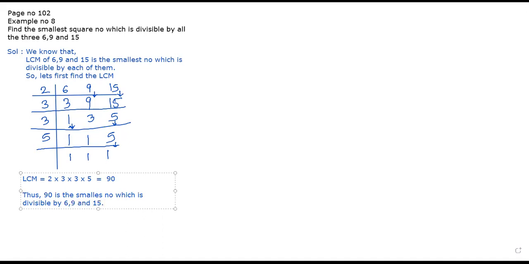Yes or no? But they want the smallest square number. Is 90 a square number? No, sir. Why no?